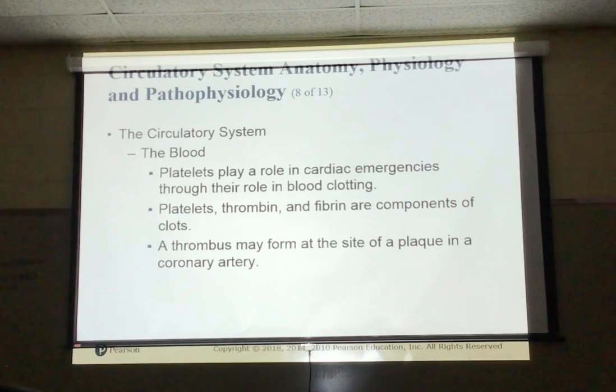The normal clotting mechanisms of the blood can form a clot in a coronary artery that is damaged by plaque. The clot may partially or completely occlude that coronary artery, cutting off or reducing the supply of oxygenated blood to the heart muscle. The heart muscle becomes deprived of oxygen and may eventually begin to die.